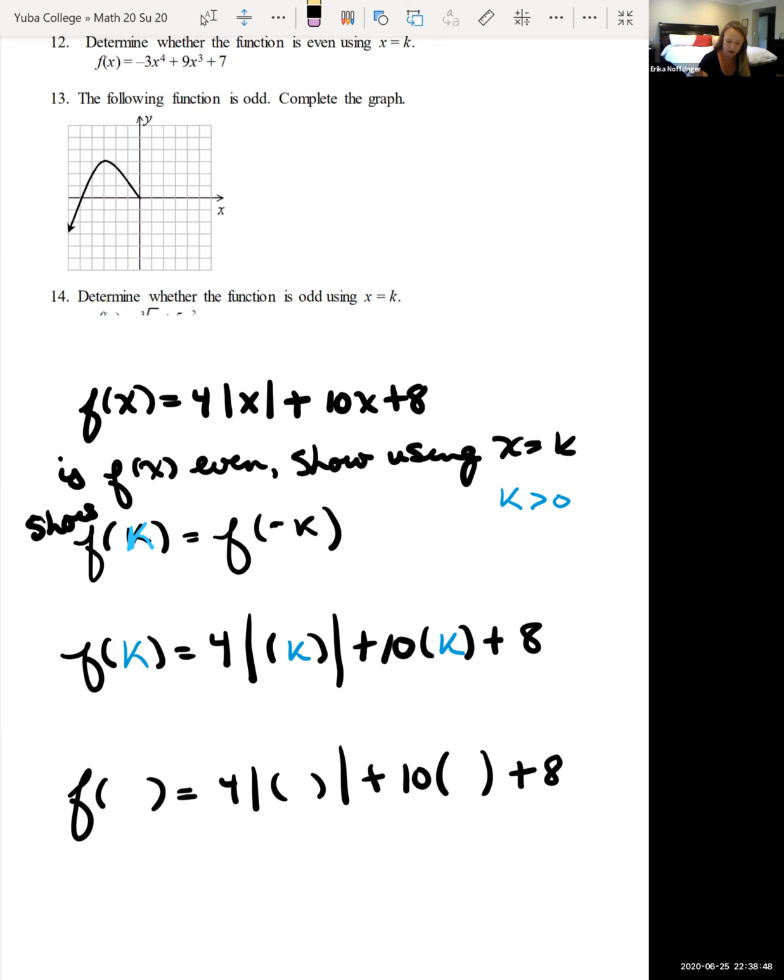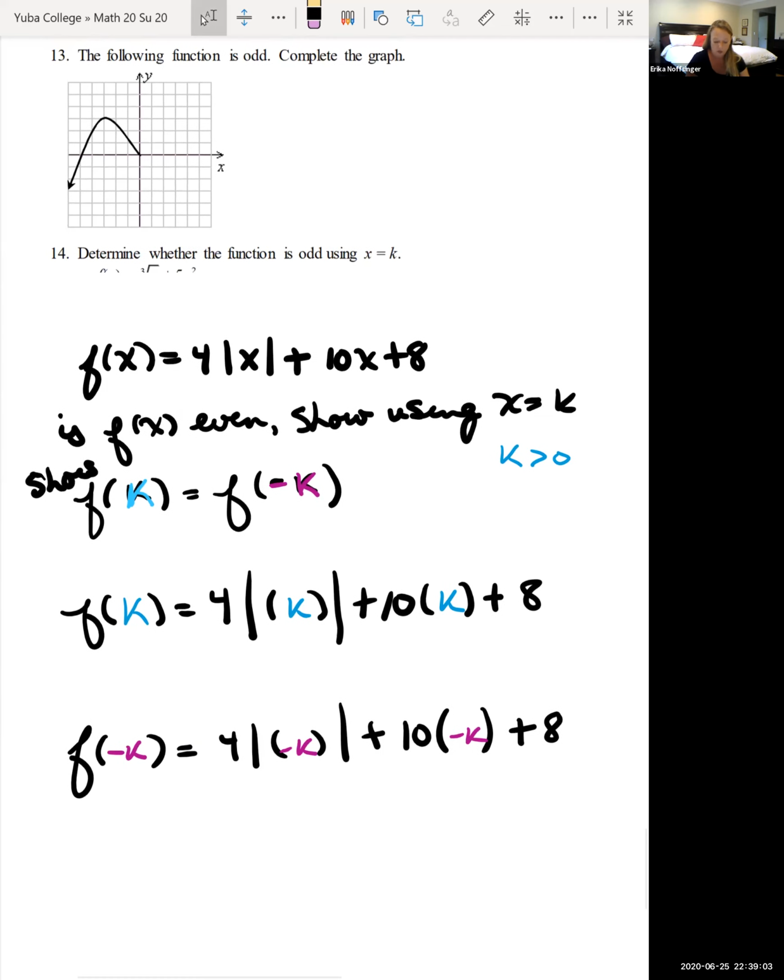Okay, so now if I plug in negative k wherever I see an x, well, we're assuming k is bigger than 0. We could have assumed it was less than 0. It's going to work either way because we're flopping it.